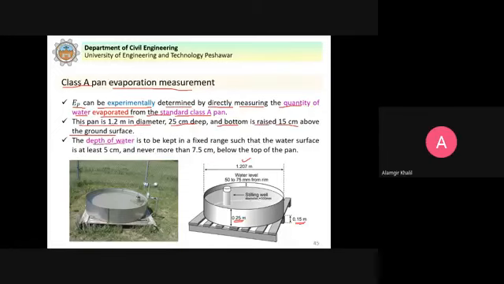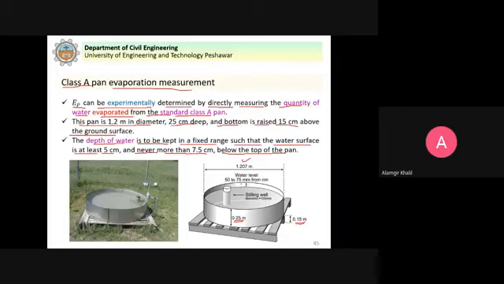The depth of water is to be kept in a fixed range such that the water surface is at least 5 centimeter and never more than 7.5 centimeter below the top of the pan. You can see here 50 to 75 millimeter from the rim.